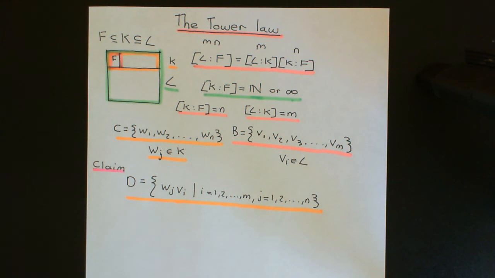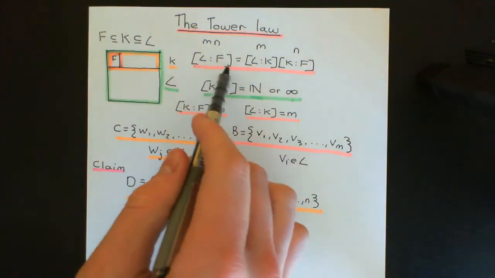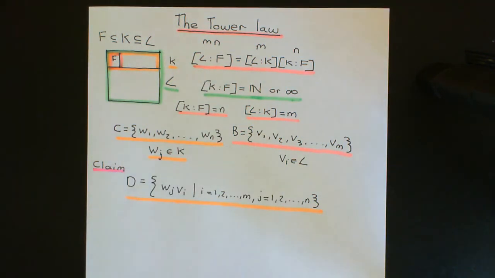And my claim now is that this actually forms a basis for the field extension L viewed as a vector space over the smallest field F. And of course, if that's true, then it's obvious that the degree of L over F is going to be m times n, because it's just going to be how many elements do you have in this set that is the basis. How many elements are we going to have in here?